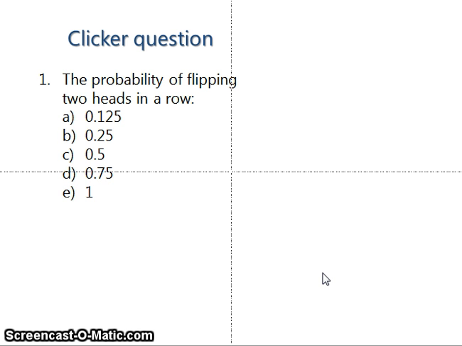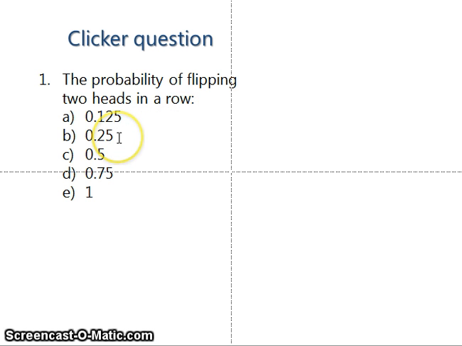Now, just some practice questions. The probability of flipping 2 heads in a row. You can go ahead and pause it and see if you can figure it out, and then I'll come back and give you the answer. Okay, so the probability of flipping 2 heads of a coin in a row: these are 2 simultaneous events, so we're going to multiply.